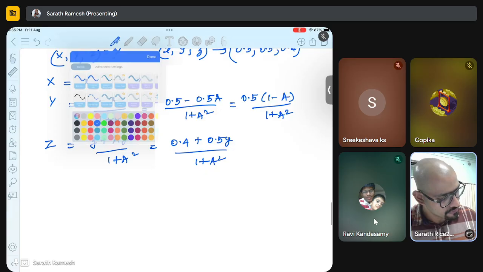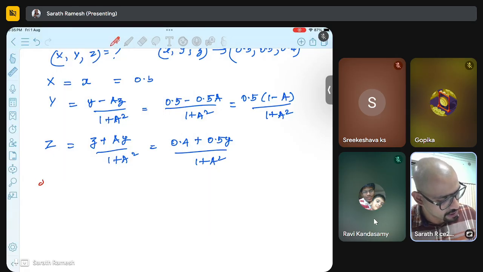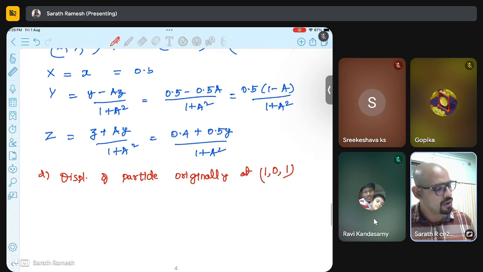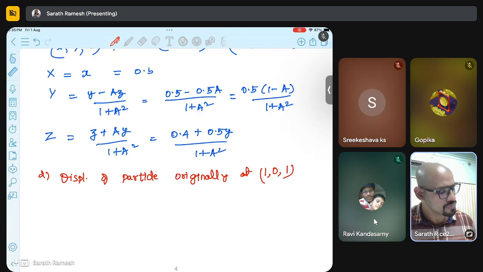And fourth subdivision, number D, is displacement of particle originally at 1 comma 0 comma 1. So at 1 comma 0 comma 1, what is the displacement of the particle? Here they are asking the displacement. They have given the reference configuration, capital X comma capital Y comma capital Z is 1 comma 0 comma 1.